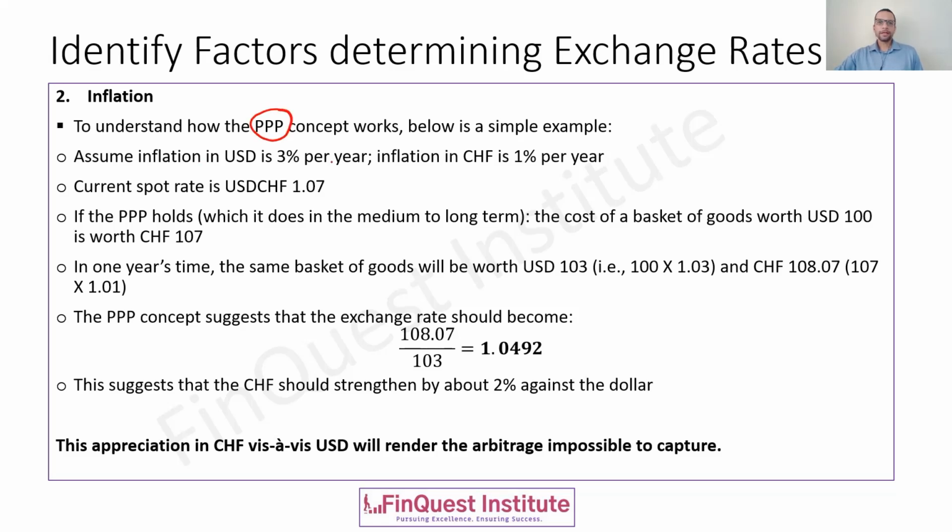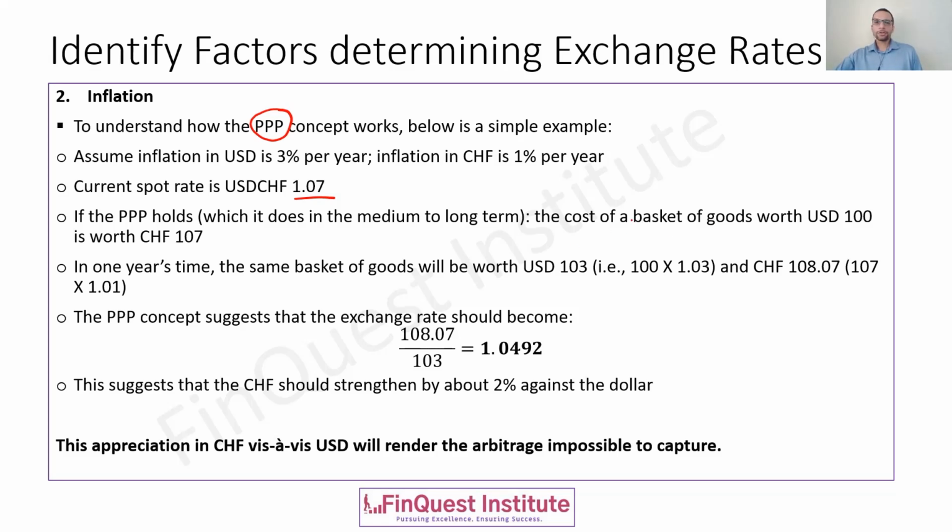Assume that the inflation in the United States is 3% per year, and the inflation rate in Switzerland, where the Swiss franc is the currency, is 1% per year. Assume that the current spot rate is 1.07. Now, the PPP holds in the medium to long term. There may be certain imbalances in the very short term, but in the medium to long term, purchasing power parity holds.